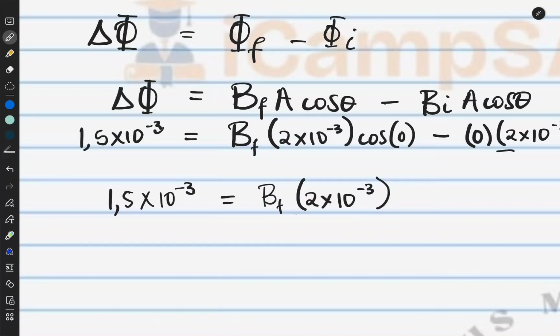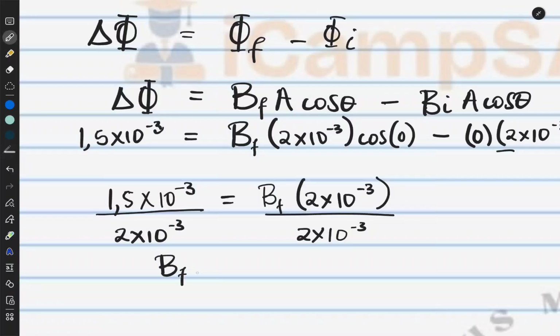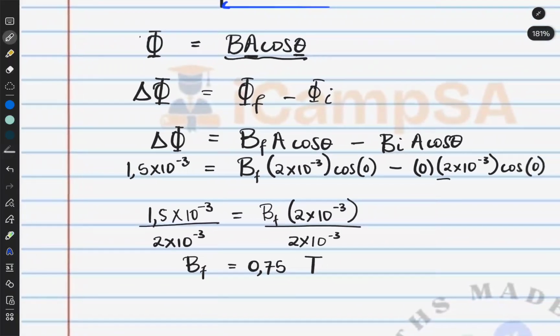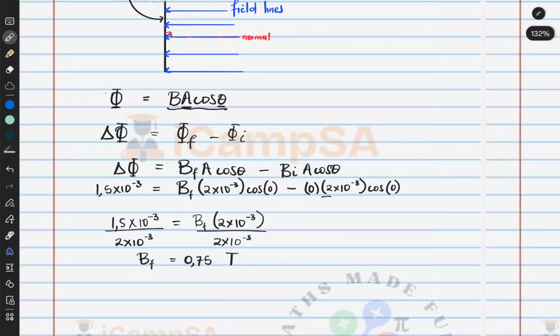And then from here, you can divide both sides by 2 times 10 to the minus 3. Then you can find that your BF is simply 0.75 Tesla. So that's our answer. That's our BF, or that's our B.